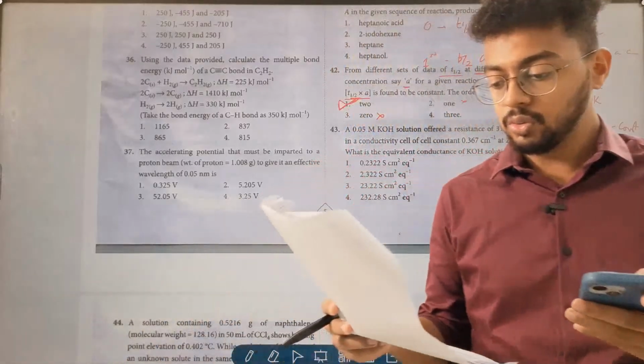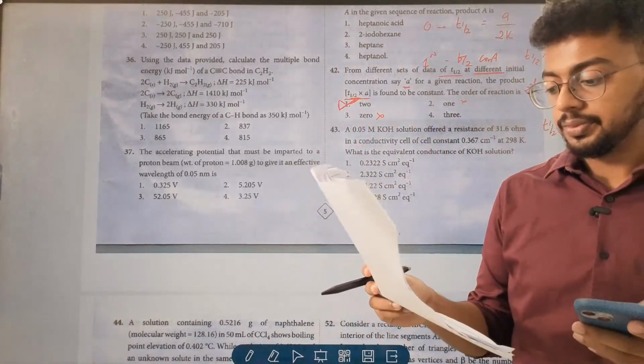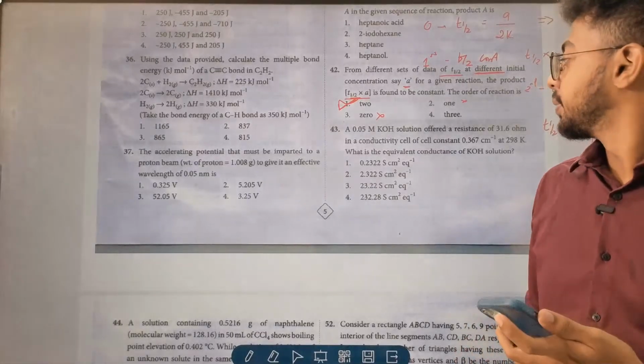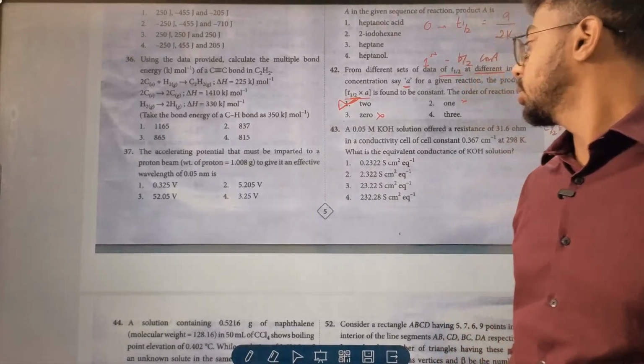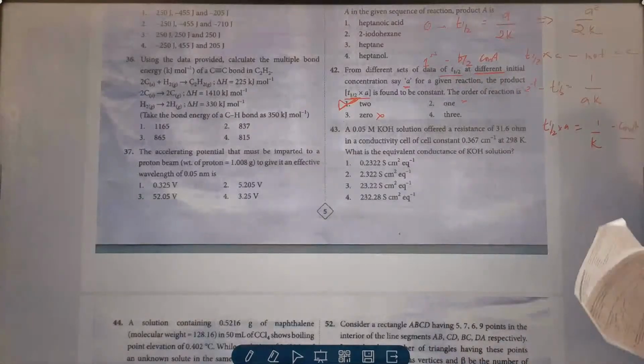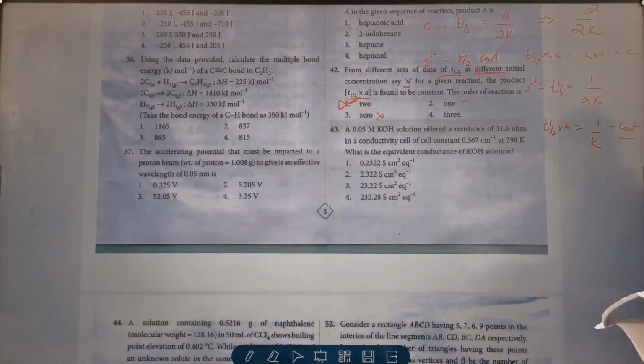So we'll move on to the 43rd question. A 0.05 molar KOH solution offers a resistance of 31.6 ohm in a conductivity cell of cell constant 0.367 centimeter inverse at 298 Kelvin.